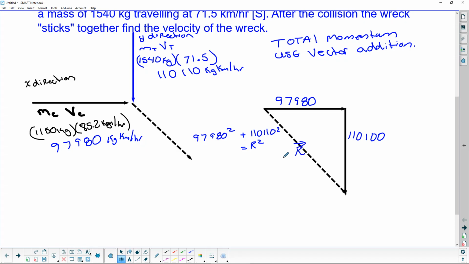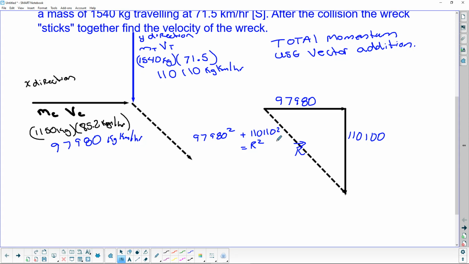Take your calculator out. Square 110,110 plus 97,980 squared. You get a huge number. Somehow I multiplied mine. Let me do that again. 110,110 squared plus 97,980 squared, equals, and then square root it.